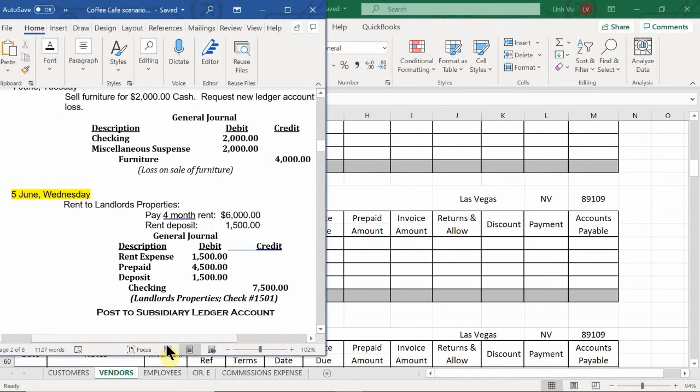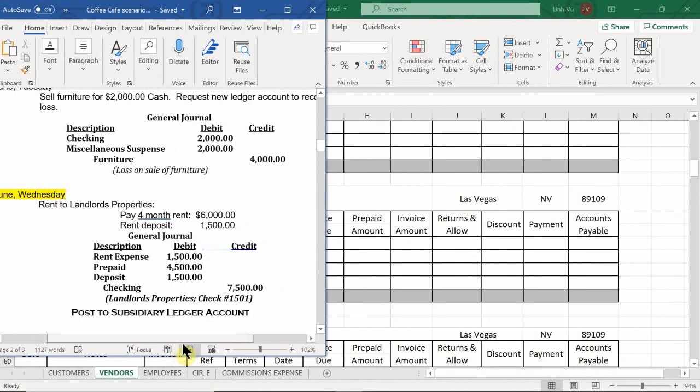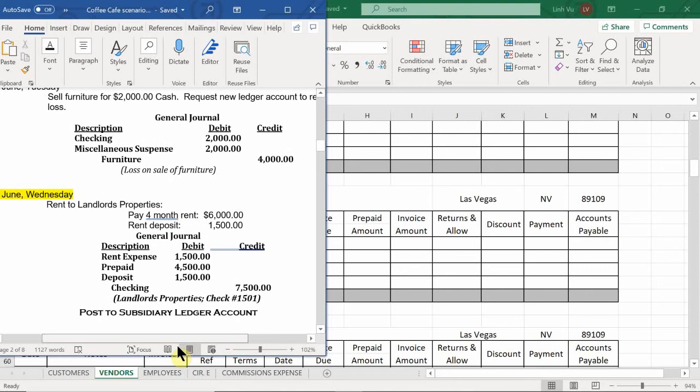So it's June 5th, Wednesday, and now we need to pay rent to Landlord Properties. They're requiring us to pay at least 4 months in advance with a rent deposit of 1 month. And so in this case, we're going to be paying for the months of June, July, August, and September.